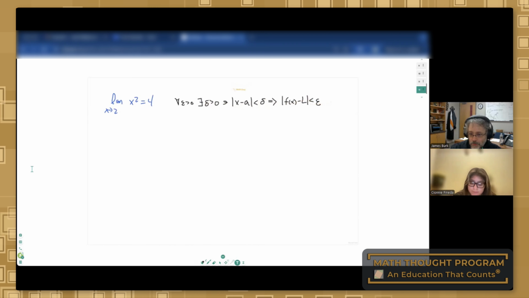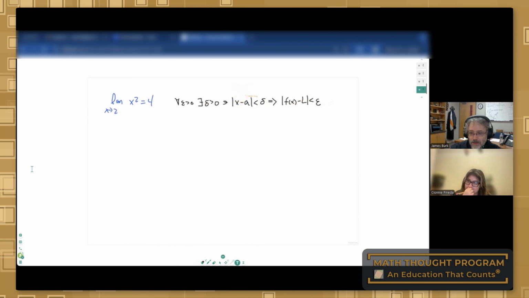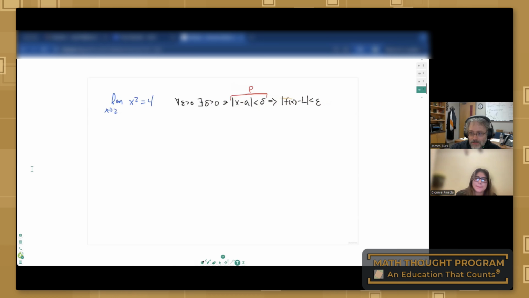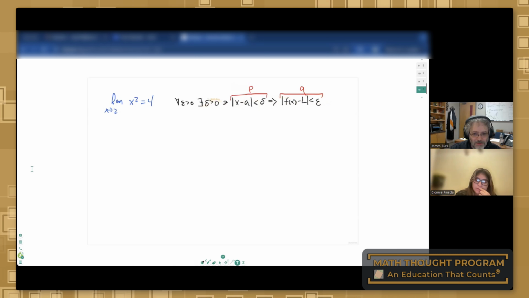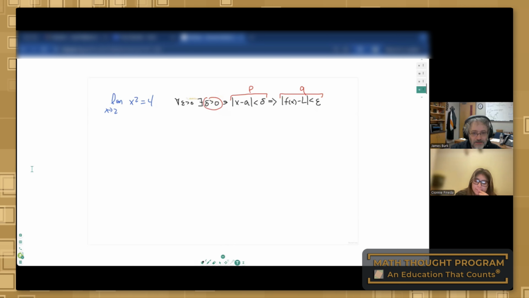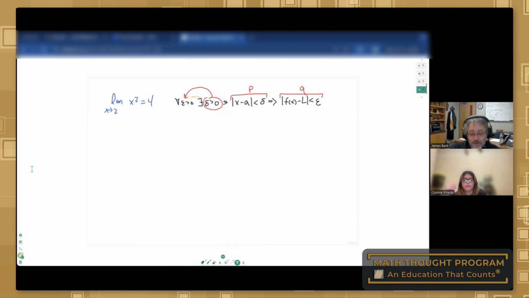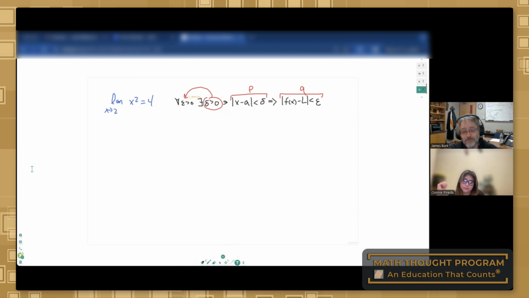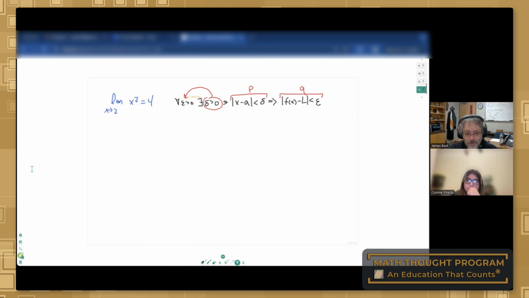Good. So we're still doing the same thing. Here's your P, here's your Q, and you've got to figure out a delta that's hinged to the arbitrary universal epsilon out there. So it's particular, but once again, it's particular based upon the arbitrary.